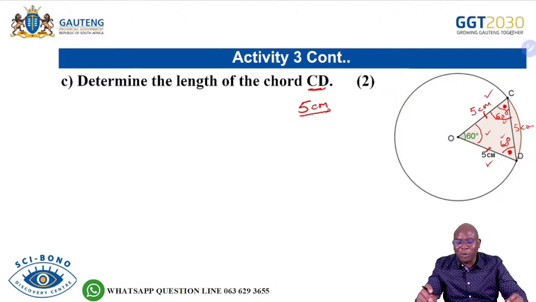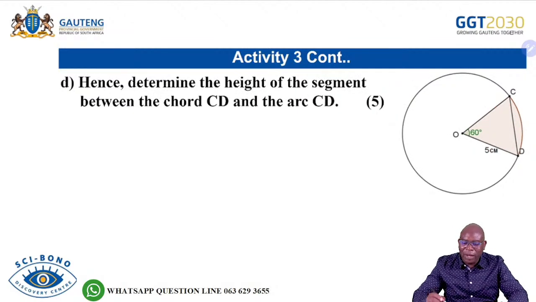We just needed to look at that question and apply our Euclidean geometry knowledge. Right. And it says hence. So hence means I know that this is 5 centimeters. That's 5 centimeters, obviously.